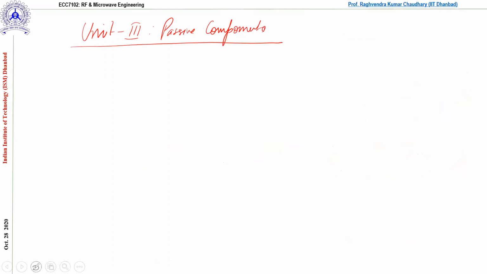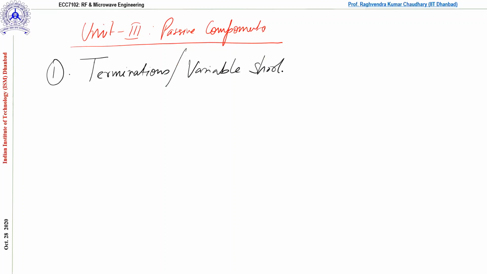Fine. So what we'll study in this unit is, first, the terminators or variable shorts. In this we'll see the matched load for the waveguide.